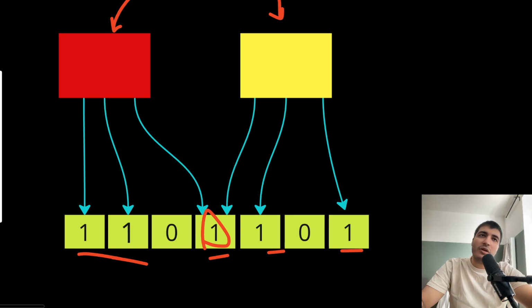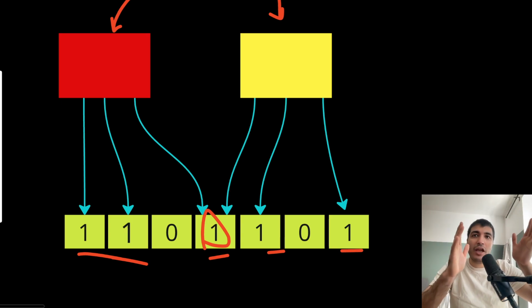Number three, we have some possible matches. If all of these bits are one, then the item is possibly in the set, or we have a false positive. No bit is ever turned back to zero, so false negatives, like saying definitely not in the set for an item that actually is, are impossible.